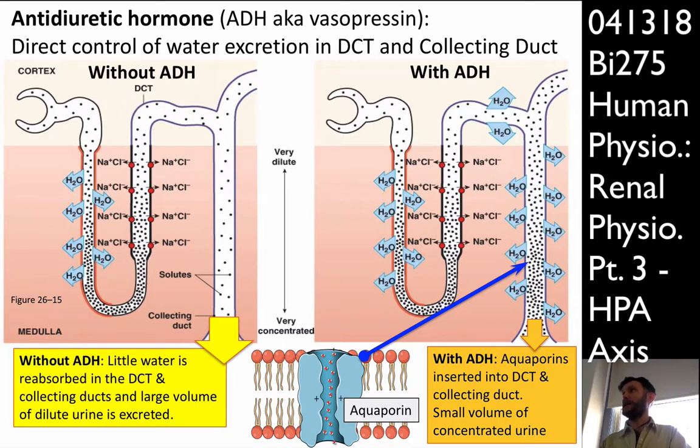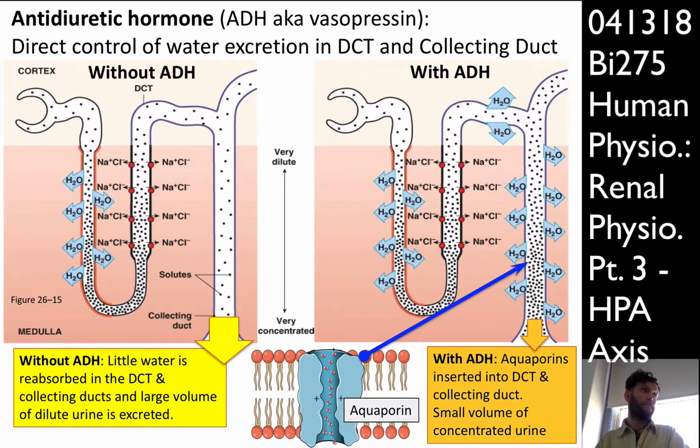The aquaporin is not going to be expressed without the signal from antidiuretic hormone. So you'll have a larger volume of more dilute urine. So this is the mechanism that ADH works by. Any questions? Yes, ma'am.